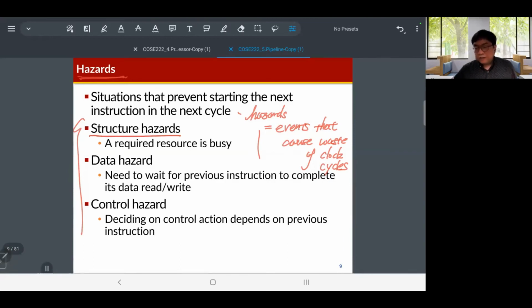Clock cycles in a processor can be wasted when the required hardware resources are busy. What does that mean? Hardware components have limited resources. For example, let us assume our register file has two source register ports, RS1 and RS2.